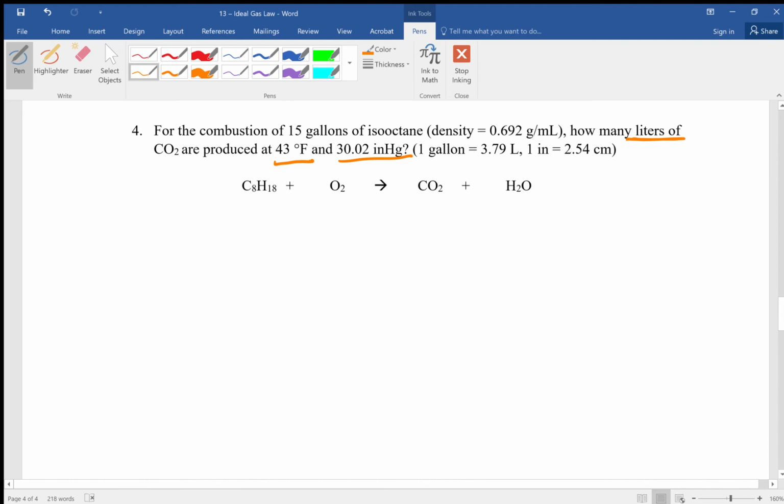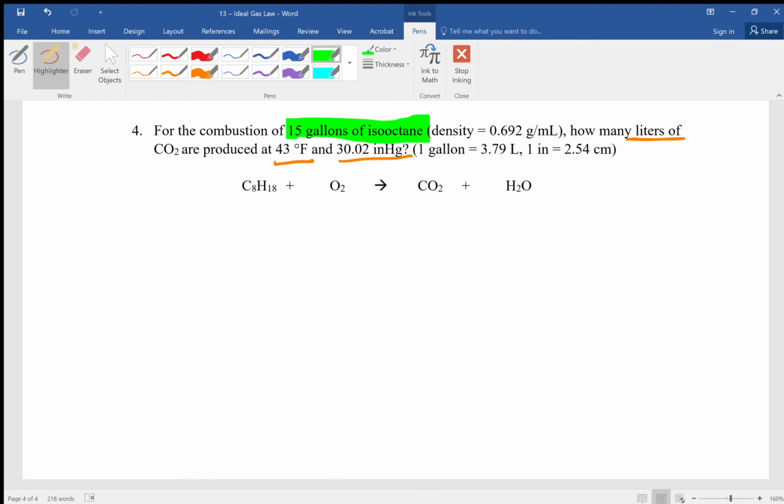But the only thing we have is a quantity for the starting material, isooctane. But if you think about what we learned with stoichiometry, if we know the amount of starting material, we can figure out the moles of the product. But in order to be able to figure out that, we're going to need to be able to do two other things.